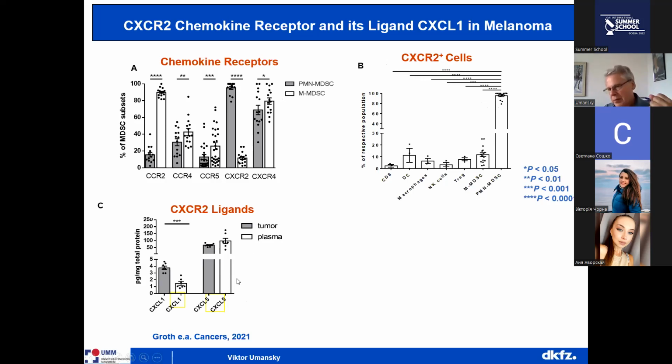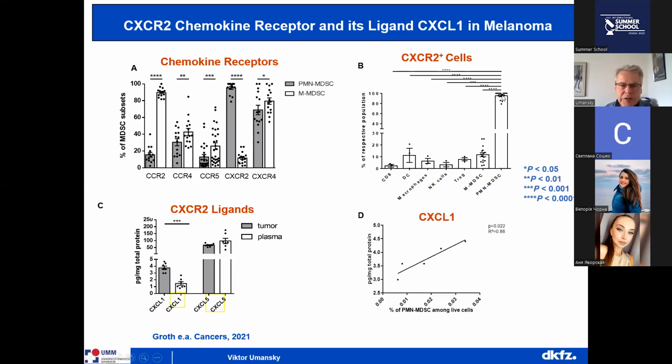So it's like a pump from the circulation that induces the accumulation of CXCR2 positive PMN MDSC, and you see here it's practically almost 100% of PMN MDSCs. Moreover, in mice there is a statistically significant correlation between the amount of CXCL1 in the tumor and the percentage of PMN MDSC in the tumor accumulation.